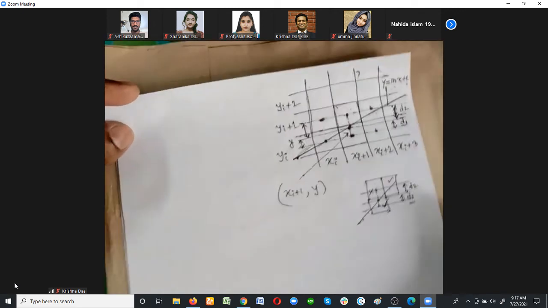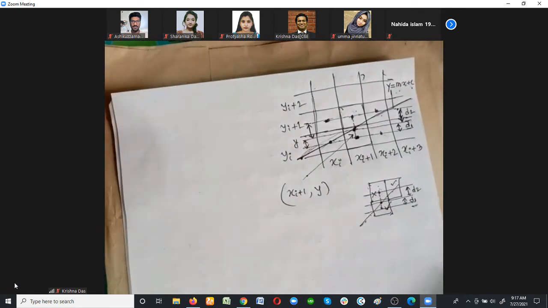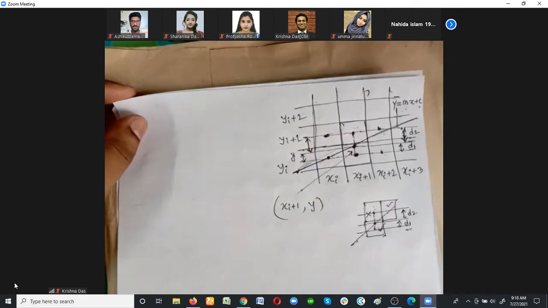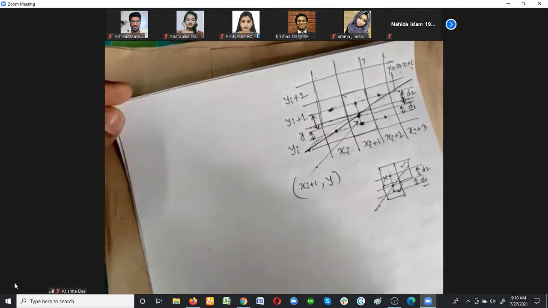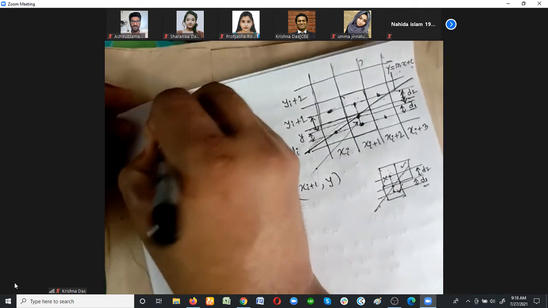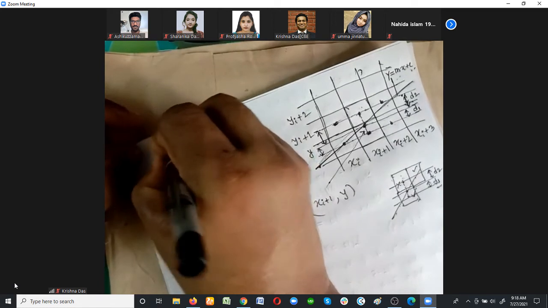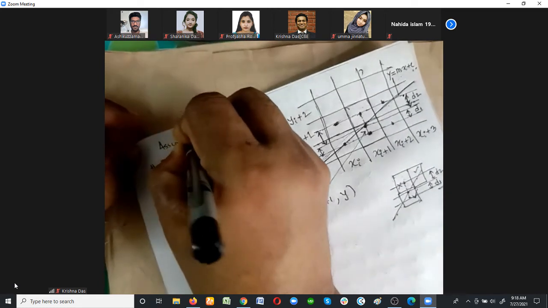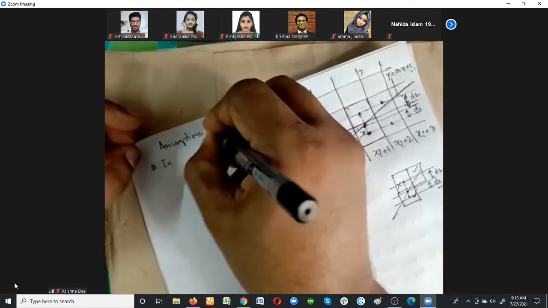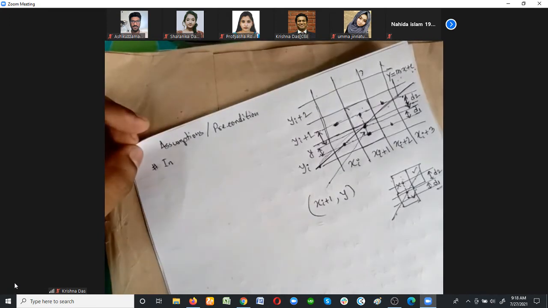Now for this algorithm, there are some preconditions that we need to assume, that is, the assumptions or preconditions. Because whenever this condition is changed, then the entire formula will be changed.